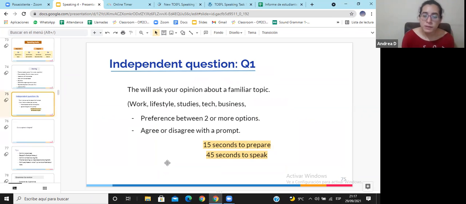It's usually about your opinion on something or your preference about 2 options. And you need to analyze the question. You will have 15 seconds to prepare, so you can think about it, and then 45 seconds to speak. So you have to answer the question in 45. And you need to tell me at least one reason. And if you could, one example would be nice too. Okay.